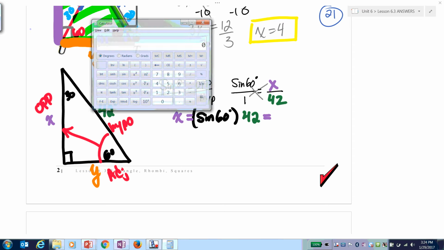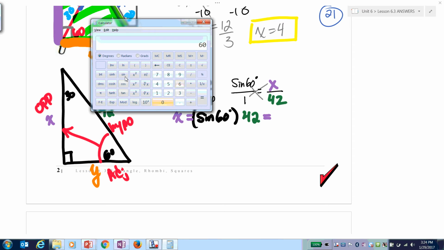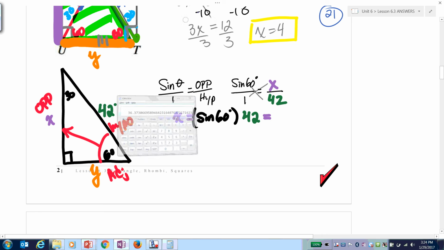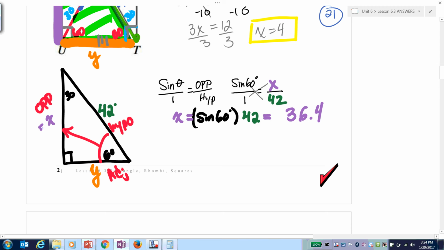Do your math. Now let's round to the 10th place. That's going to be approximately 36.4.